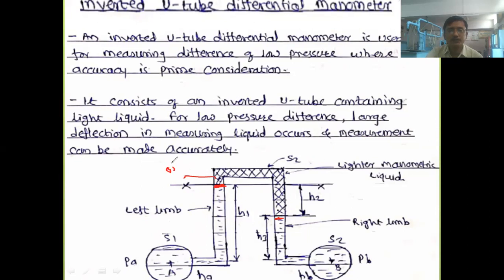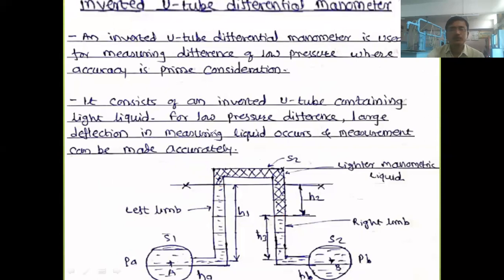Oil, which is light in nature, is more sensitive to small variations in pressure. Whenever we require a more accurate reading and are interested in measuring small variations in the pressure difference, at that time we should prefer this inverted tube manometer. So that was the reason behind inventing the inverted tube manometer.